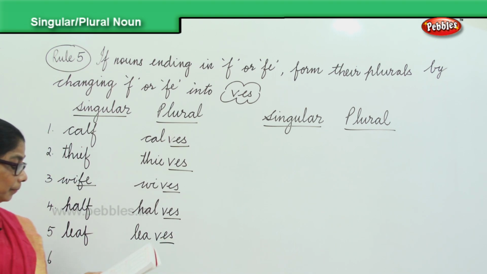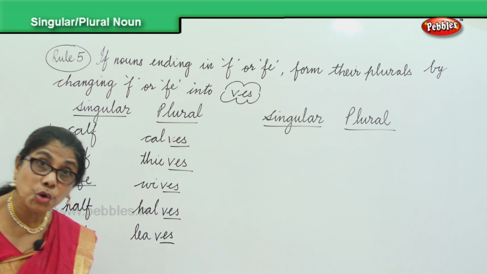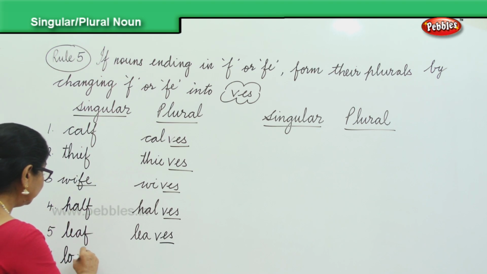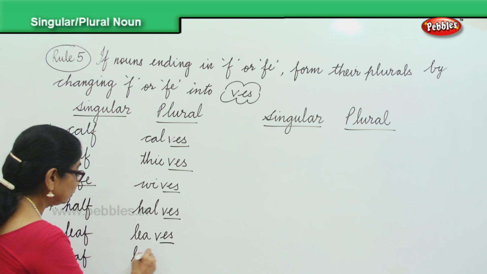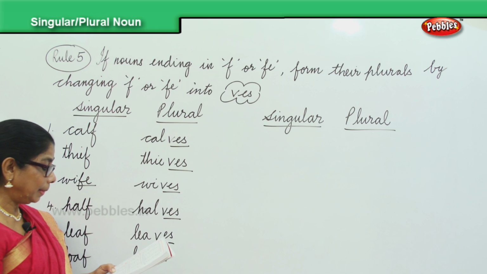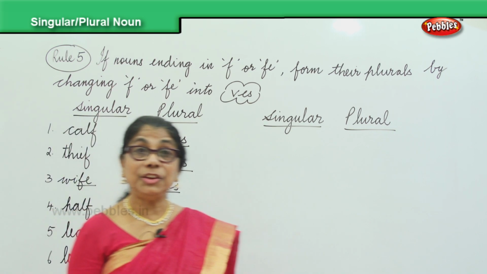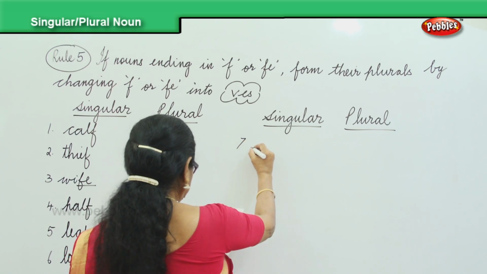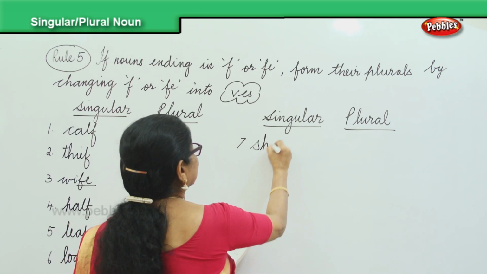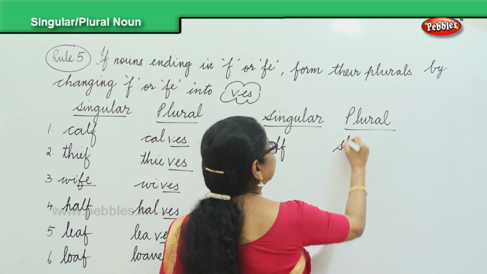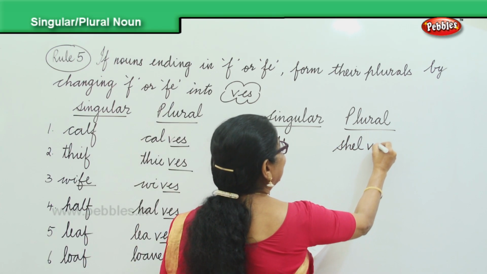Next, you have loaf. Loaf of bread. Loaf. Loaves. Then, shelf. In your house, there are a lot of shelves, isn't it? Shelf. Shelves.